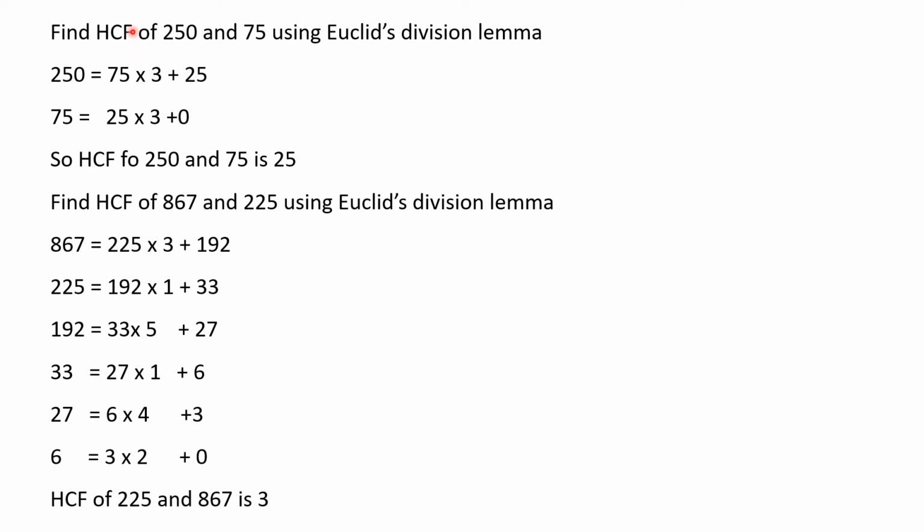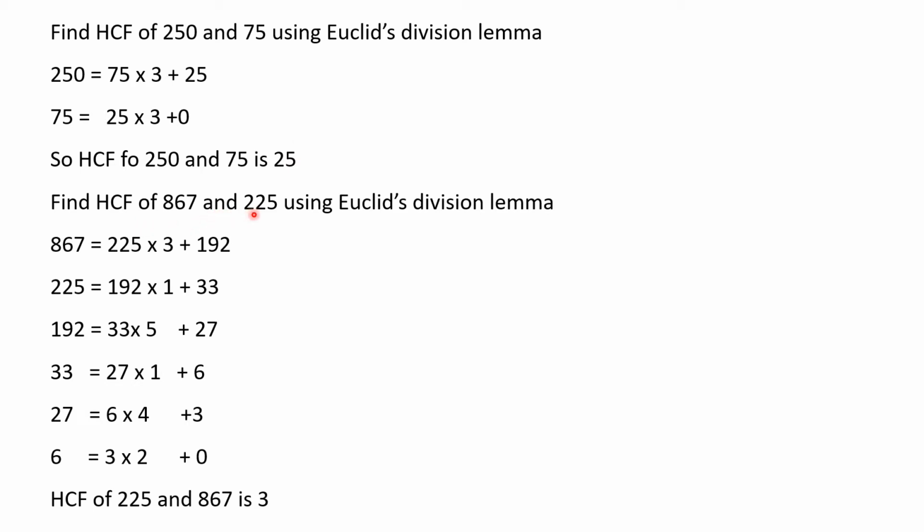Now you represent 75 and 25. 75 equal to 25 into 3 plus 0. So the HCF is 25. You see here this 25 divides 250 as well as 75. 25 into 10 is 250, 25 into 3 is 75. So 25 is the HCF.